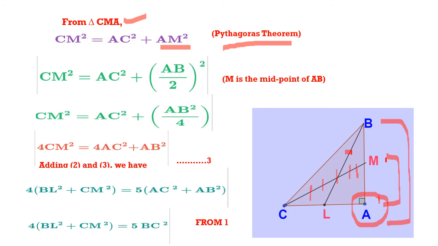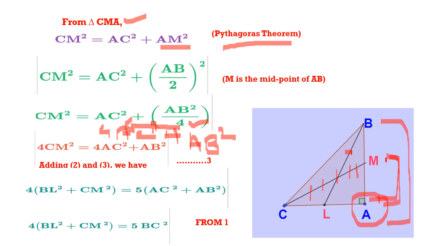In the previous case, we replaced AL. In this case, we are going to replace AM with half AB. Now again, square it, you will get AB squared, and when you take 2 squared, you get 4. Again, you take the LCM. Here it will become 4AC squared plus AB squared.